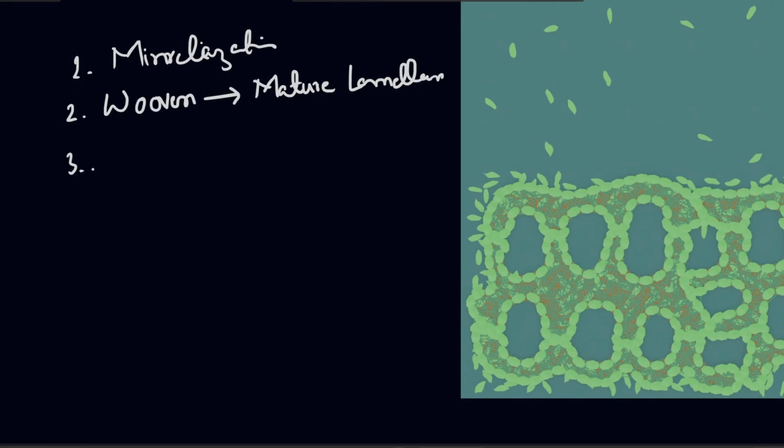So we need two types of bone, cortical or compact bone, as well as this type of spongy bone. But initially all bone that is formed is spongy.